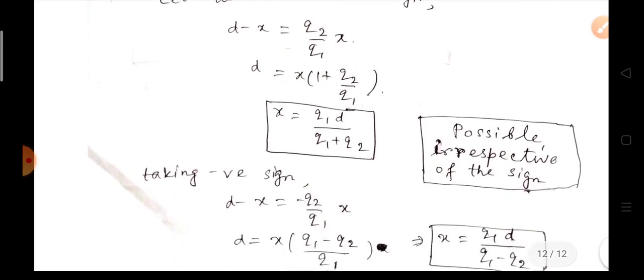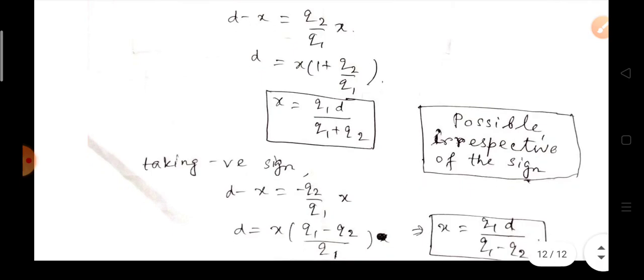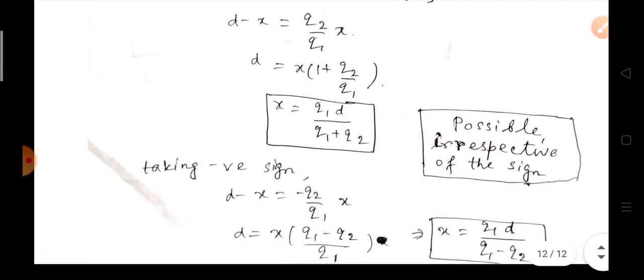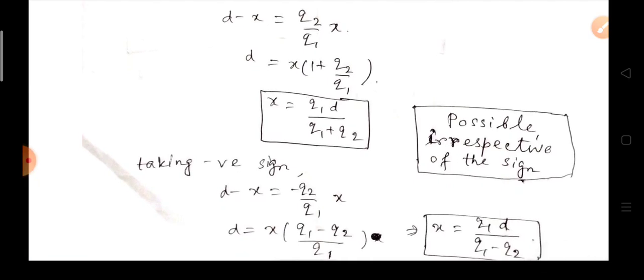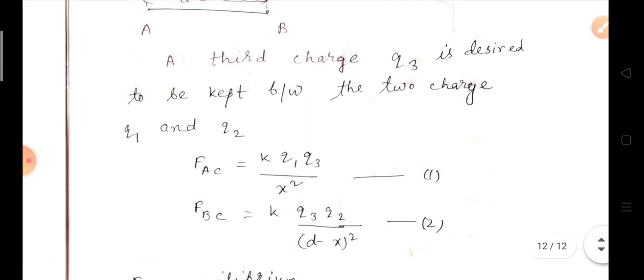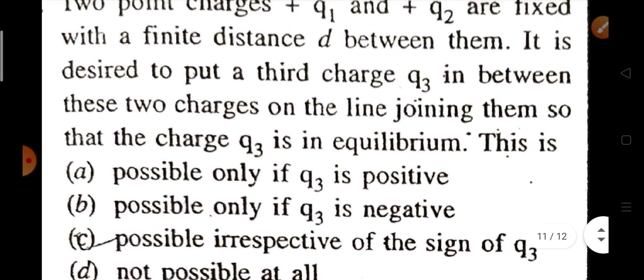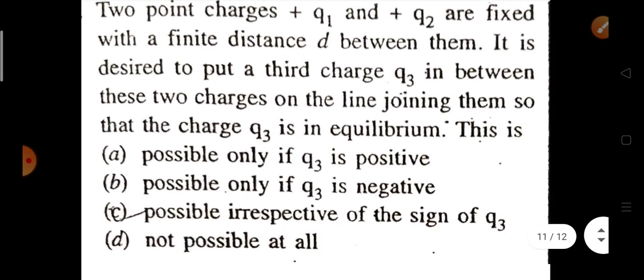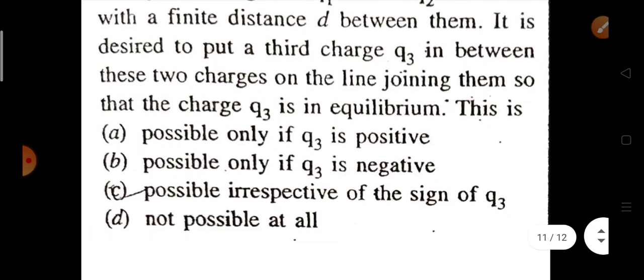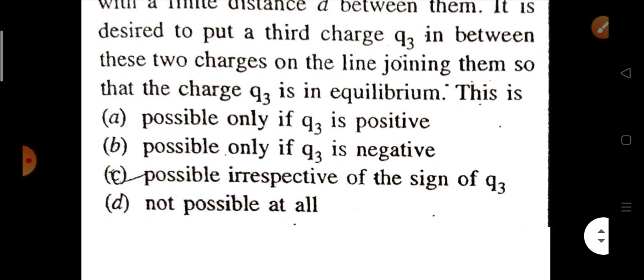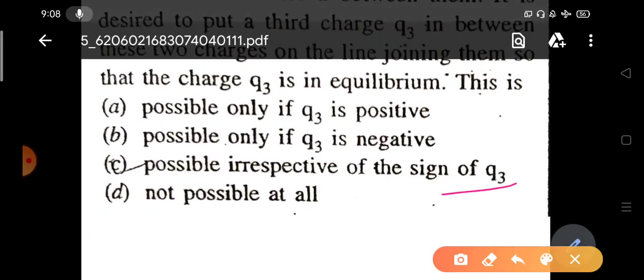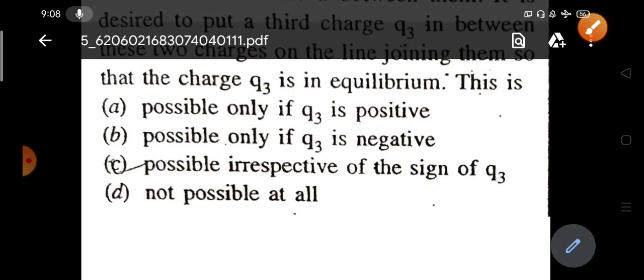So d equals x into 1 plus root of q2 by q1, or x equals root q1 d divided by root q1 plus root q2. Now taking the negative sign, d minus x equals minus root of q2 divided by q1 into x. So d equals x into 1 minus root of q2 by q1, which gives x equals root q1 d divided by root q1 minus root q2. So this is possible irrespective of the sign. The charge q3 can be in equilibrium irrespective of the sign of q3. So option C is the correct option.